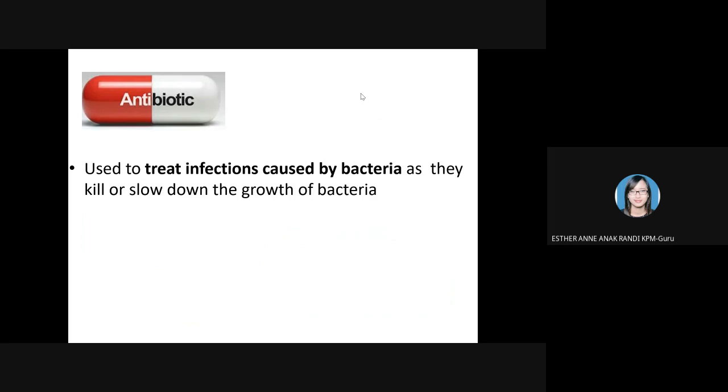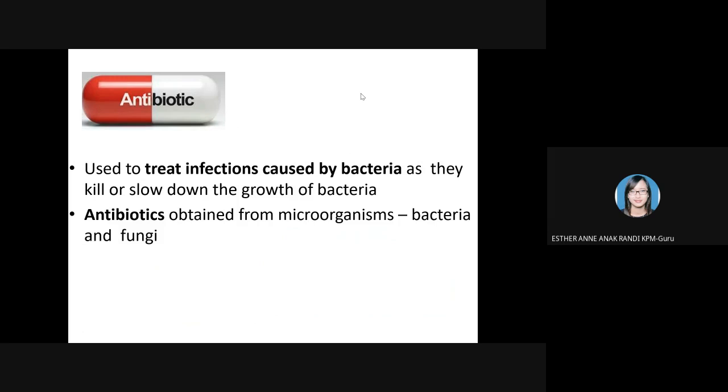But only bacteria. Sometimes when you go to the clinic, the doctor says you have a virus infection. Then you ask, can I have antibiotics, doctor? And the doctor says, no, I won't give you antibiotics. Why is that? Because antibiotics are for bacteria only, not for virus. Two different things, different treatment.